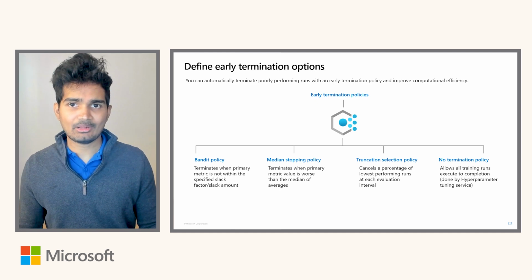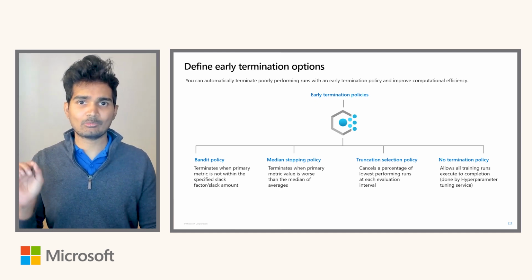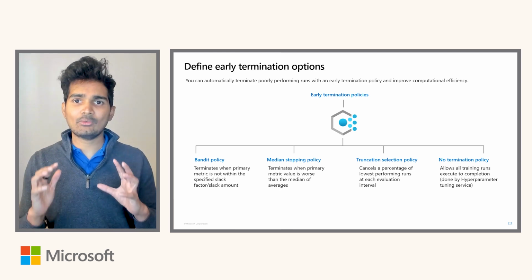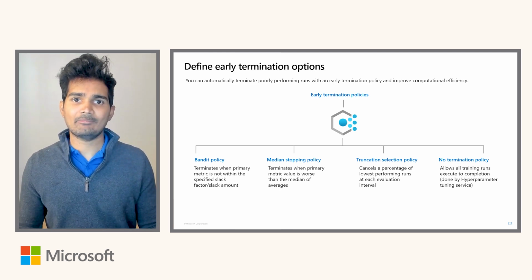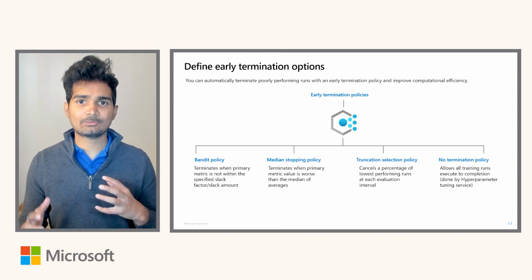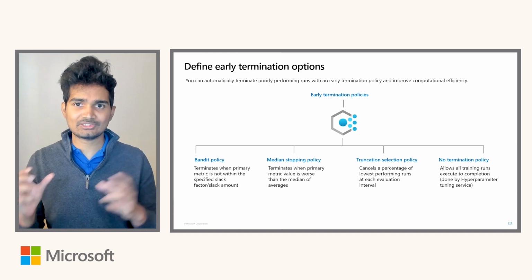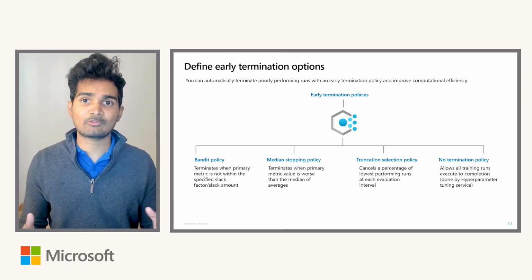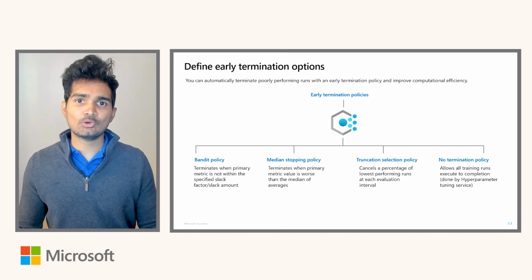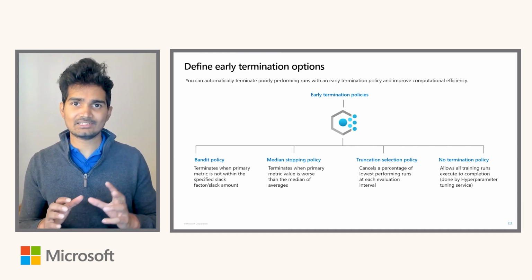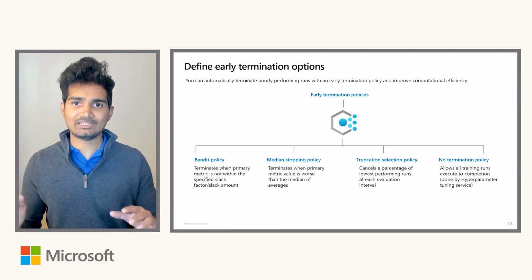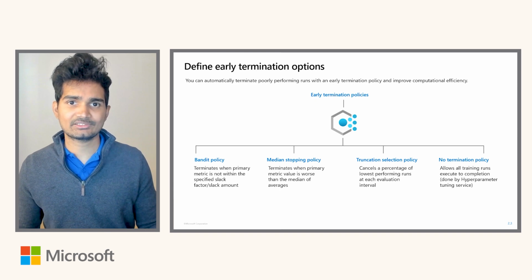The median stopping policy stops runs that are performing worse than the median performance of all runs, ensuring that only the top performing runs are allowed to continue. The truncation selection policy terminates a certain percentage of runs based on their performance, allowing the top performing runs to proceed. The no termination policy does not terminate any runs, allowing all runs to complete regardless of their performance.